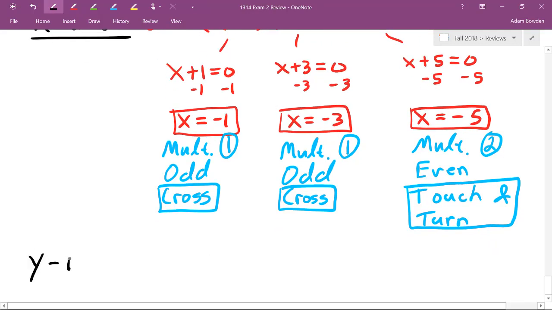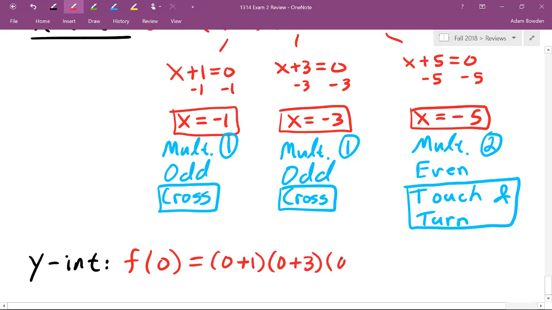The last intercept to find is the y-intercept. For this one, we're going to plug in a 0 for x, and run the numbers to see what that's equal to.